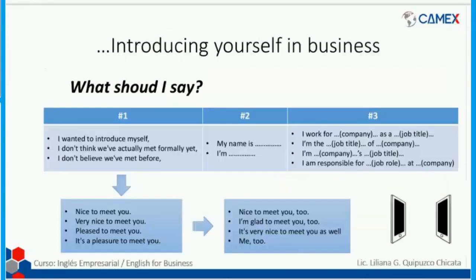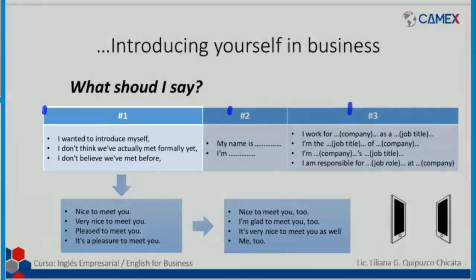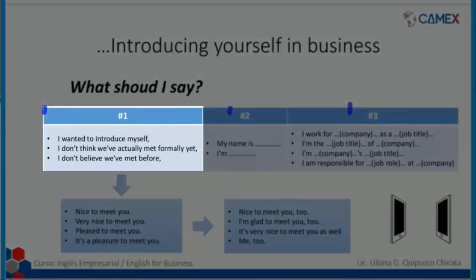Okay? So what should we say when we introduce ourselves to another person? I have written it in three parts. The first one is to say, I wanted to introduce myself.